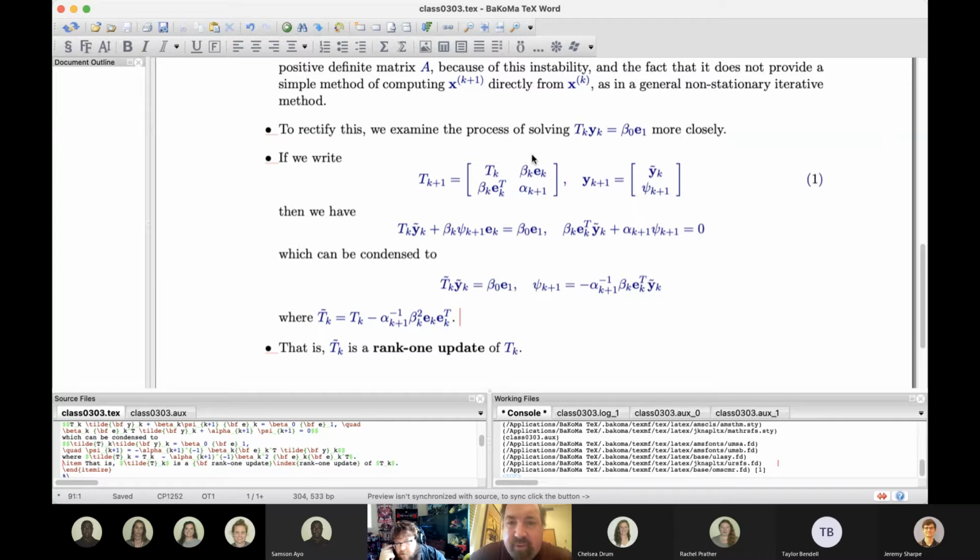So I do matrix vector multiplication: Tk yk tilde plus beta k ek times psi k plus 1, and that's what I have here. And this is equal to beta naught e1.